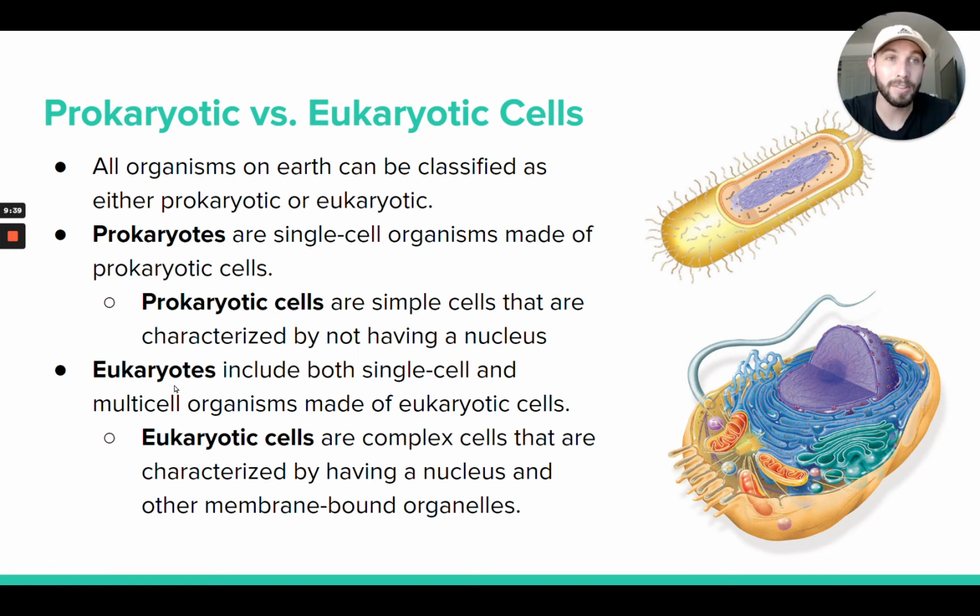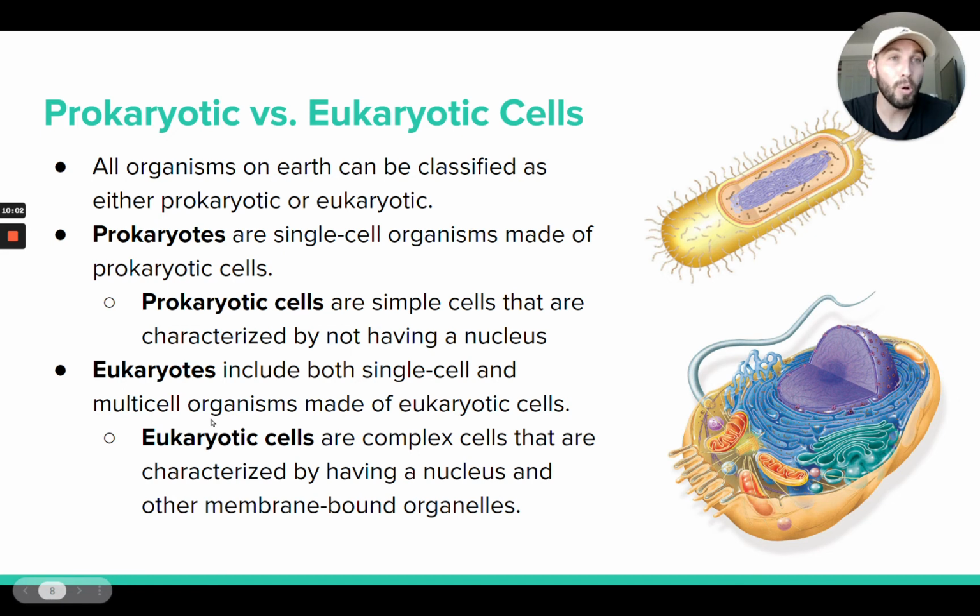Now eukaryotes, so these organisms that are made of eukaryotic cells, can be single-celled organisms or multi-celled organisms. There are eukaryotic organisms made of just one cell, like prokaryotes, but that cell does have a nucleus. But a lot of eukaryotes are multicellular organisms made of many, many different cells that form that one organism.